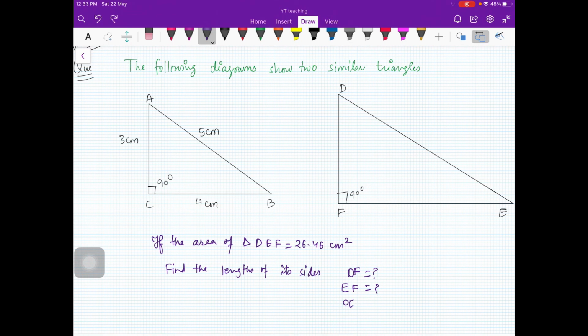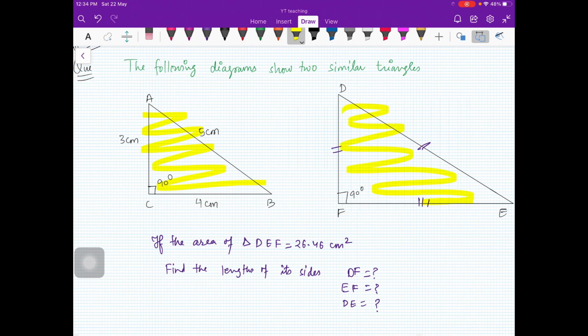So you will type in the comment box your answers. Okay, so you have to tell me these three numbers. What is this side, what is this side and what is this side. The only information given to you is these two are the similar triangles, and about triangle A you know the sides. Okay, and there is one angle 90 which is common.